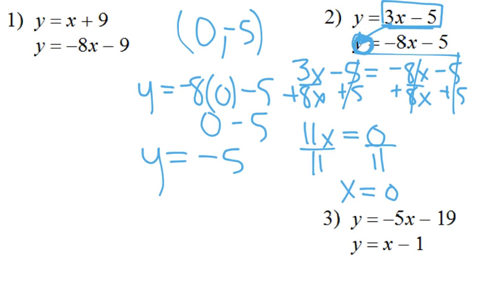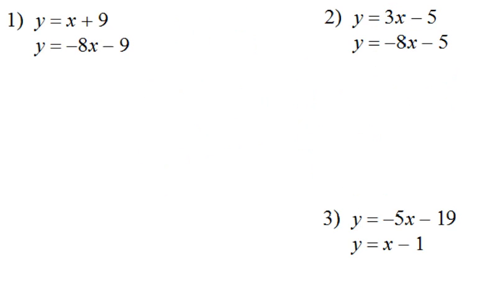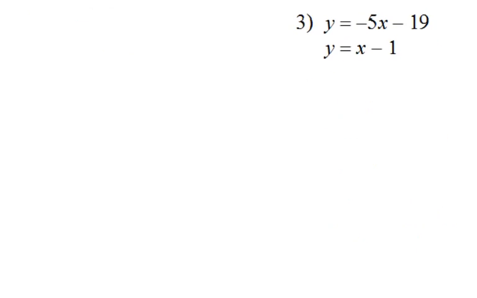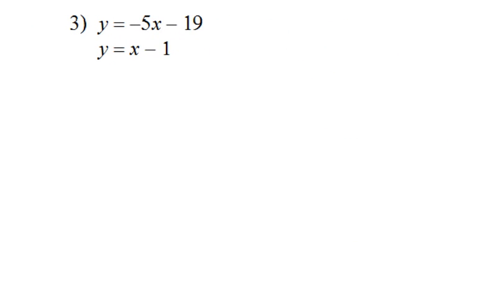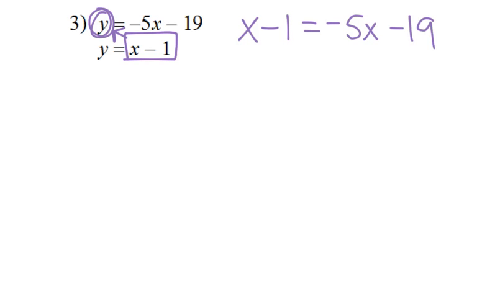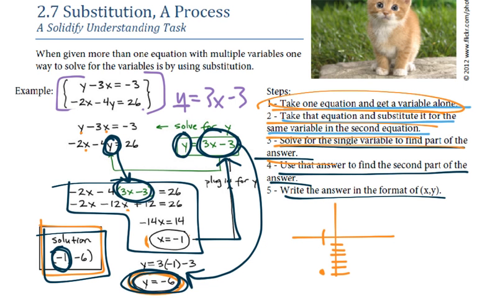Okay, so those are the steps. We see if we have an equation that's already been solved for, which if we look at 3, it has. Okay, then I take that second piece that it's equal to, and I'm going to replace the variable that it's equal to with that whole expression, with the idea that I'm trying to get one variable alone.